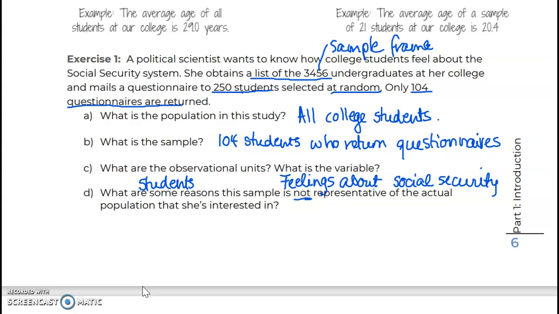What are the problems with this sample? Is there anyone who's being left out? Well, that is definitely the first part over here. She sends out 250 questionnaires, but only gets 104 back. So really, more than half of the students didn't return the questionnaires.